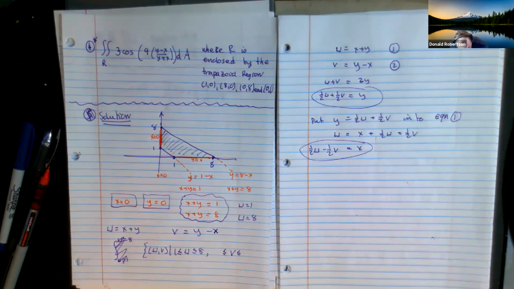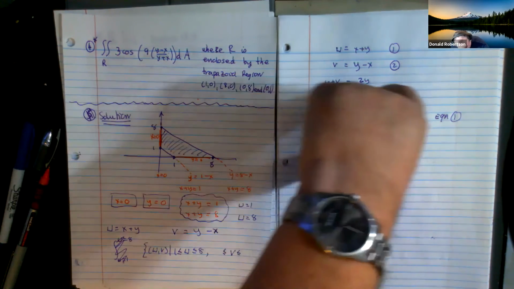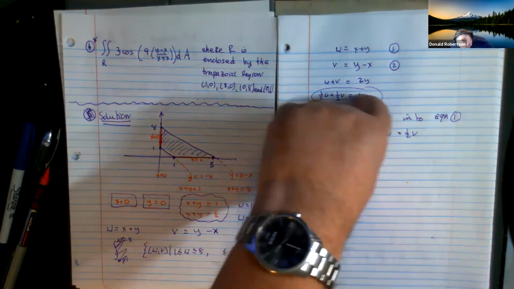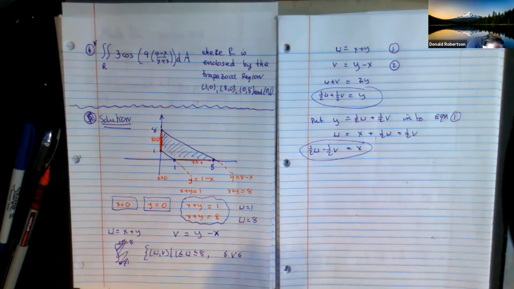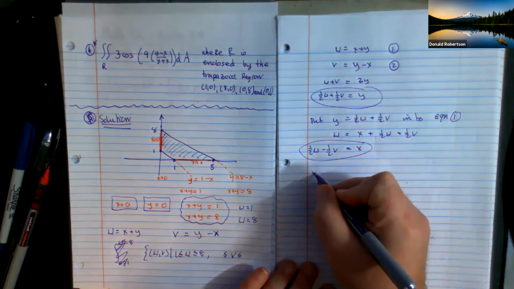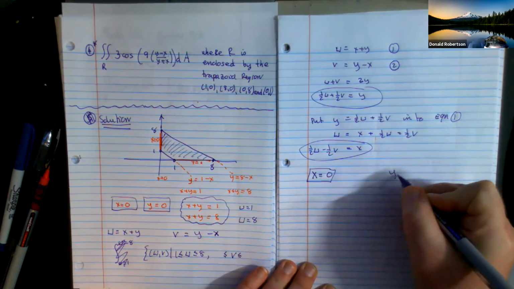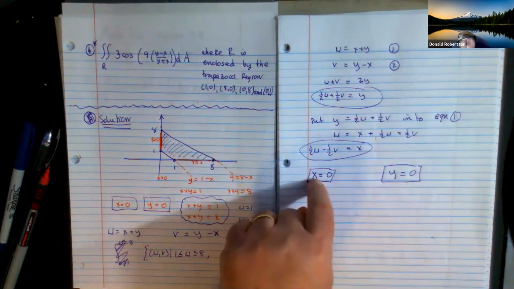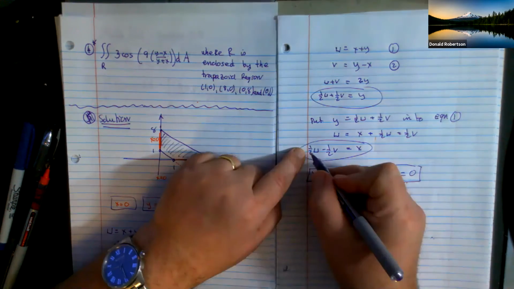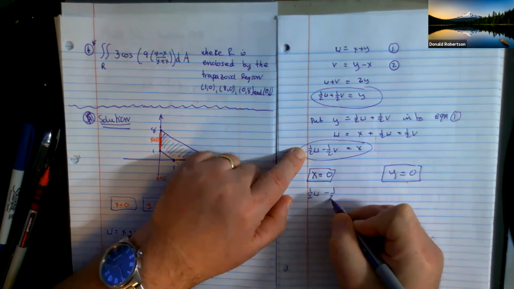Now you may think, well, what's the good of that? Well, actually, since I've done all the hard work here, couldn't I just do my normal Jacobian then? But that's not the main reason. I have two distinct boundaries that I need to work on. Right, when x is equal to 0, if you use it in this equation, what you've just said is a half U take away a half V is 0.